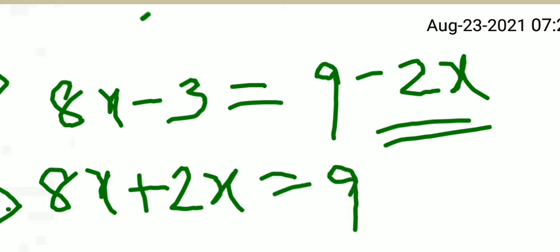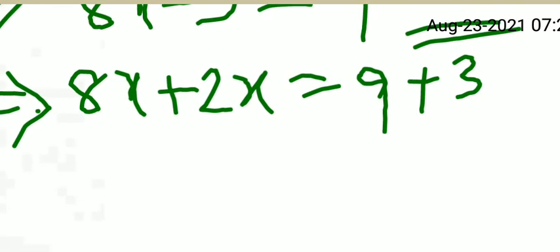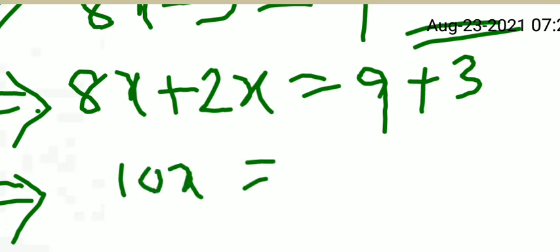Minus 3 will go to the right hand side, so it will be plus 3. That means 8x plus 2x, that is 10x, equal to 9 plus 3, that is 12.